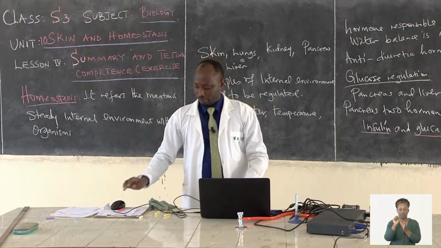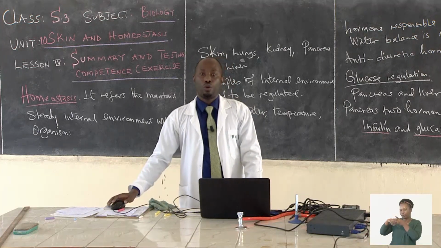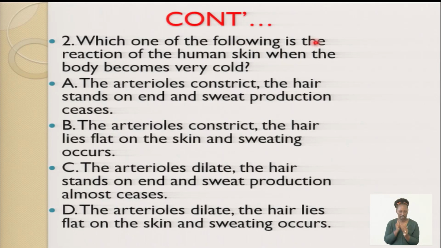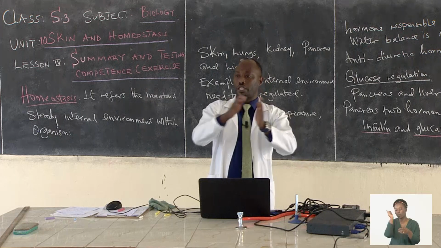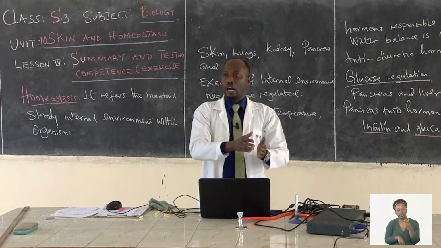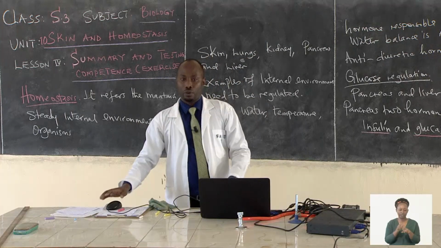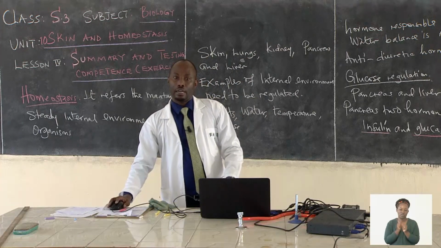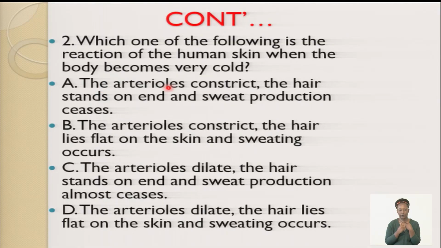Number 2: which one of the following is a reaction of human skin when the body temperature is very cold? How does the skin react to coldness? We have a number of options. A, the arterioles constrict, the hair stands on end, and sweat production ceases.